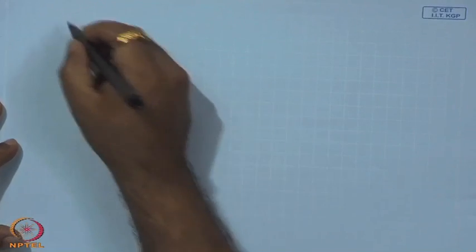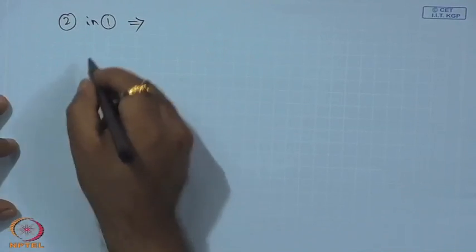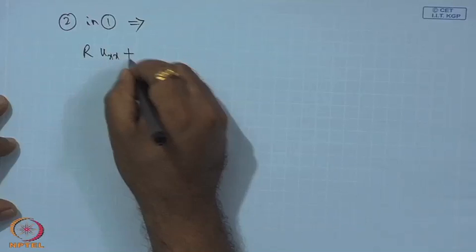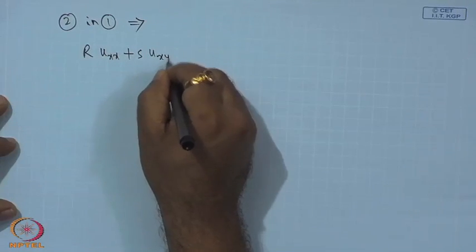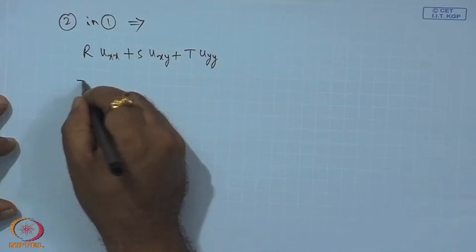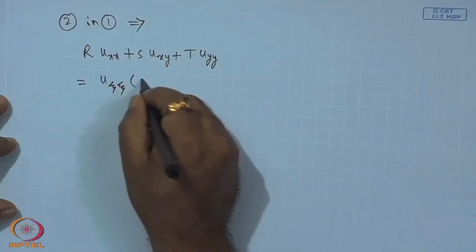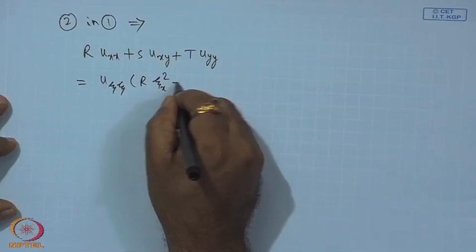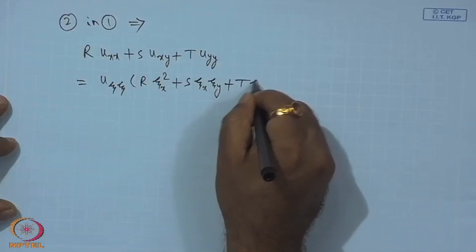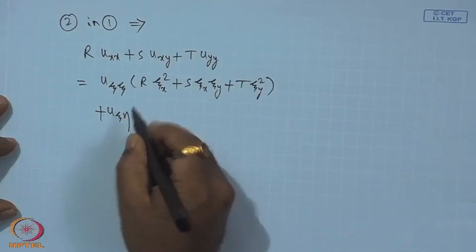So 2 in 1 reduces, r ux, t, so this. I am only considering the left hand side.